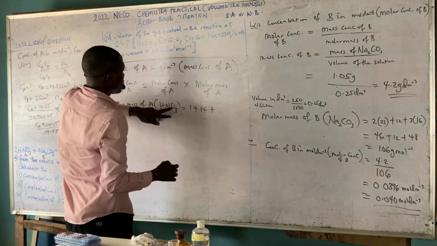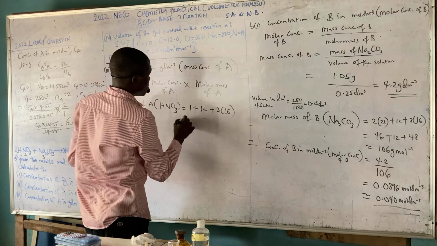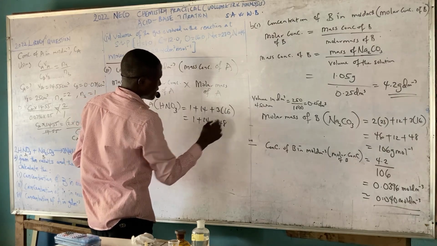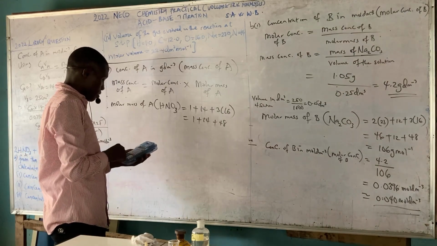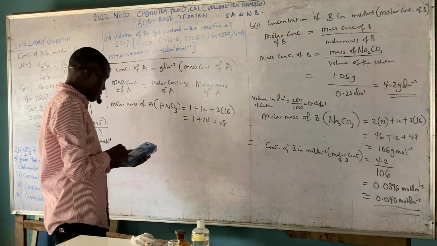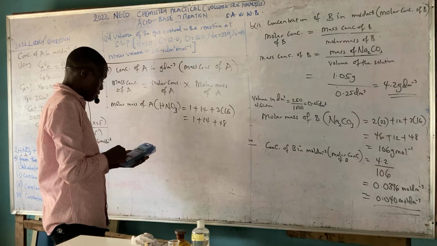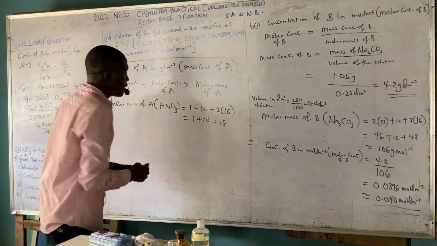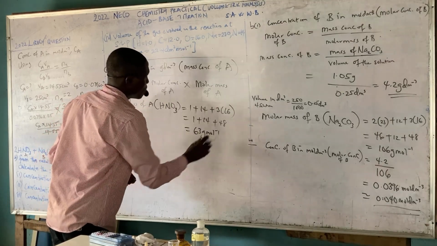The atomic mass of oxygen is 16, 3 times 16. So it means 1 plus 14 plus 48. That is 63 gram per mole. The unit of molar mass is gram per mole.